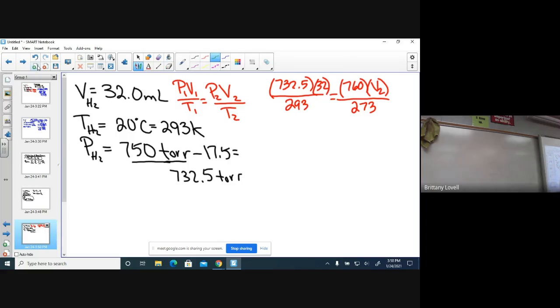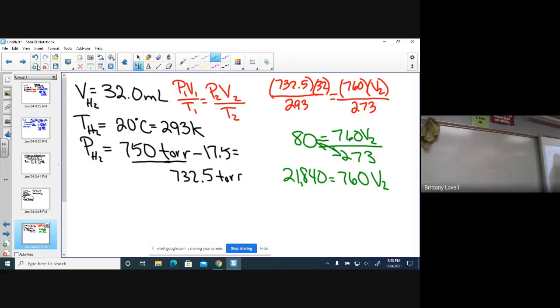I end up getting 80 is equal to 760 V2 over 273. And then I'm just going to bring this right there and multiply 80 times 273. End up getting 21,840. 21,840 is equal to 760 V2. And then, of course, you just solve to find V2.